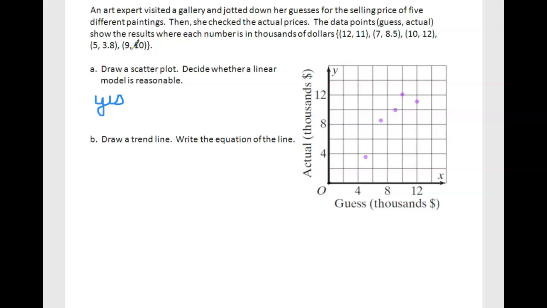So I would say, yes, it is. The correlation between them seems to be pretty strong because the points are pretty close together and they're going up, so it's positive.